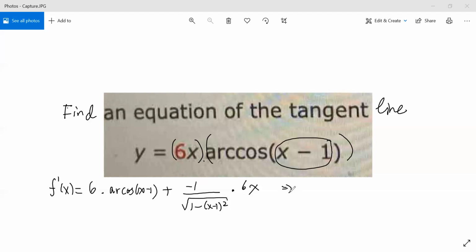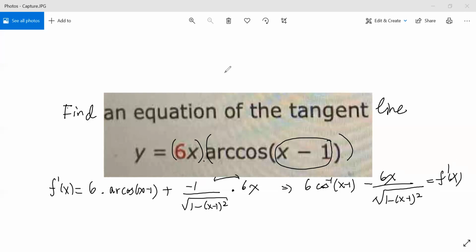Okay, so now you have 6 cosine inverse of x minus 1, and when you multiply these two things, you get negative 6x over square root of 1 minus (x minus 1) squared. So this is your derivative.